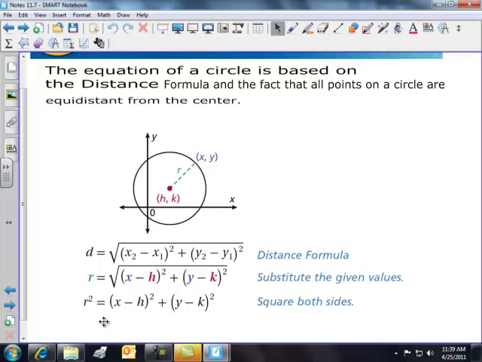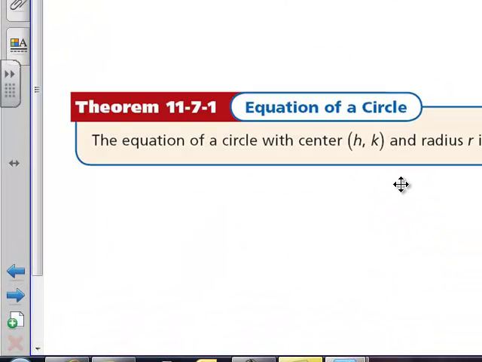We have this equation right here where r squared equals the quantity of x minus h squared plus the quantity of y minus k squared, and that is the equation of a circle. And as we see here, the equation of a circle with a center at h, k with the radius of r is x minus h squared plus y minus k squared equals r squared.